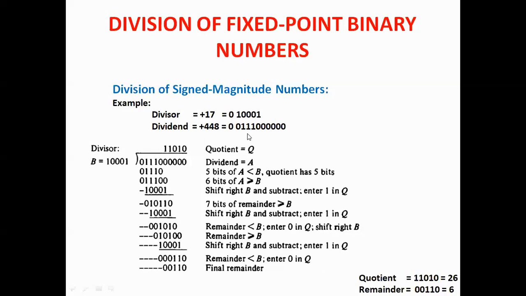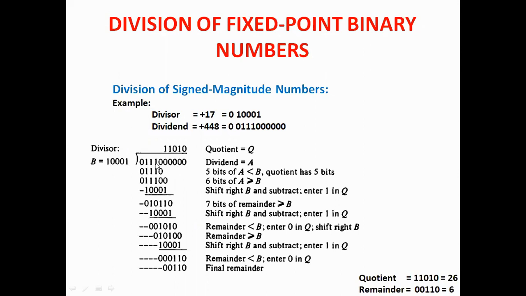This division of signed magnitude binary numbers is very similar to what we do using a pen on paper, the division that we do of decimal numbers. So if we do it on paper, we can do it like decimal numbers. We can keep a divisor here, a dividend here, and start the division process.